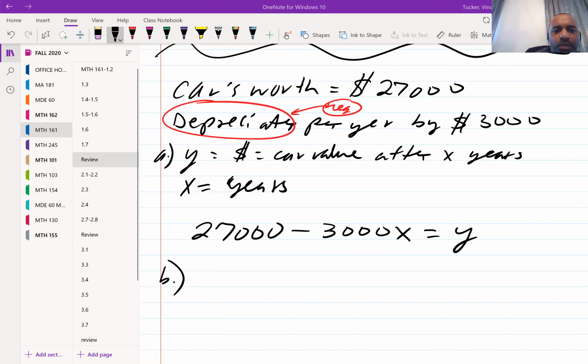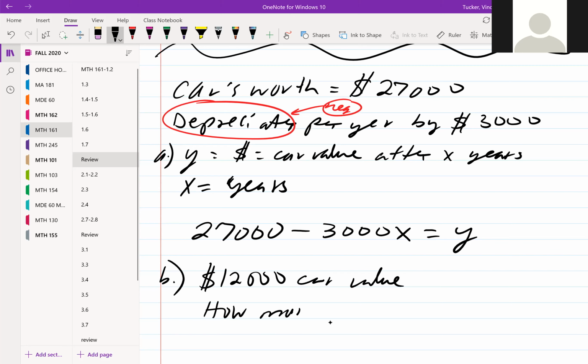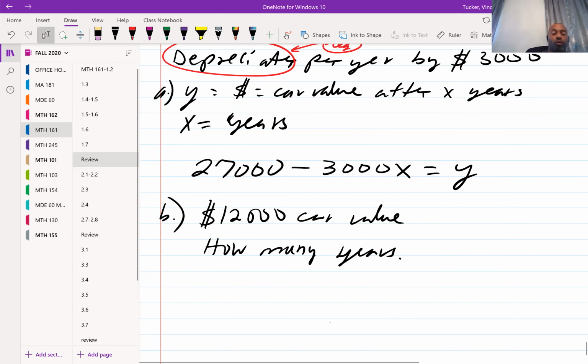They word that a little differently. This time what they give us is 12,000 as far as the car value, and they want to know how many years. So 12,000 is the Y. Yep. So we'll plug in 12,000 for Y and then solve for X.